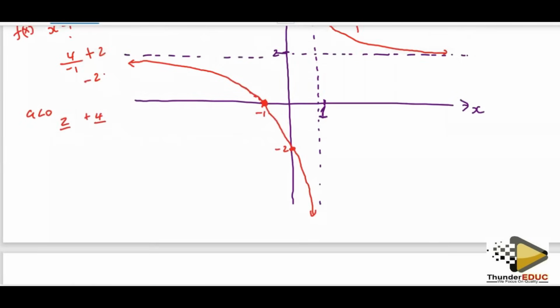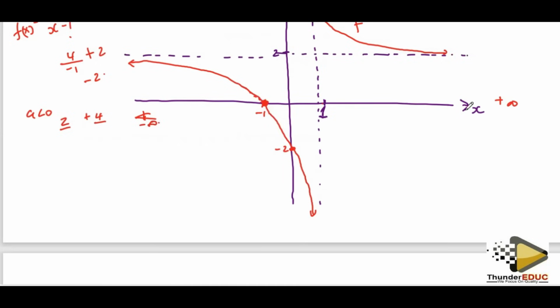Okay, so from this point to the left, the graph will be above. But also, when I look from positive 1, moving to positive infinity, and from negative 1 to negative infinity, the graph is above.